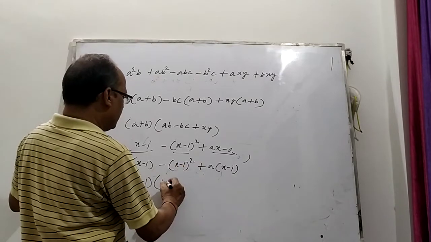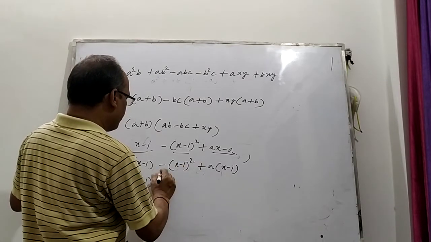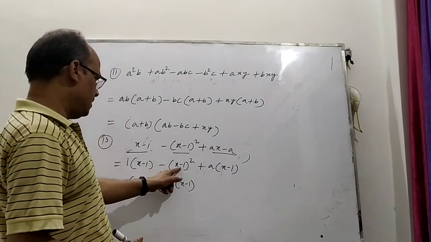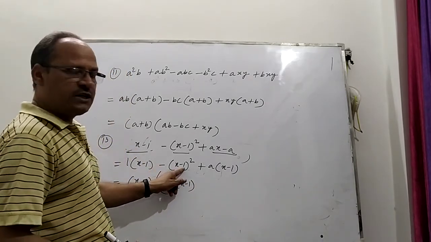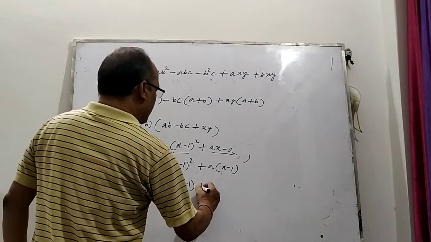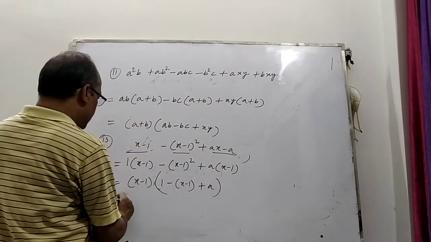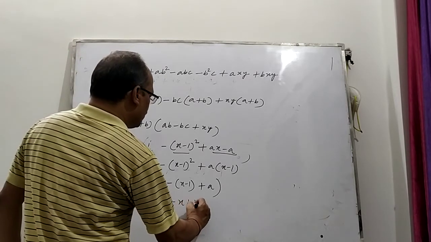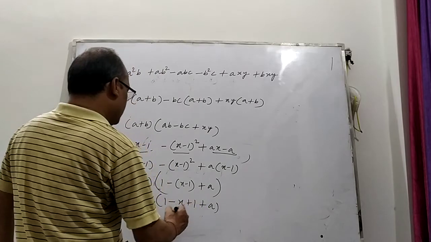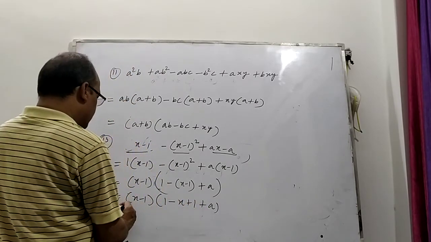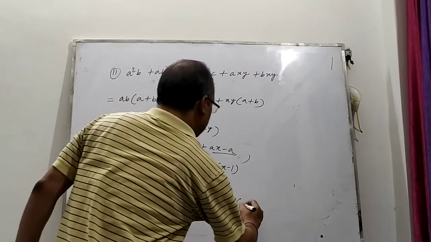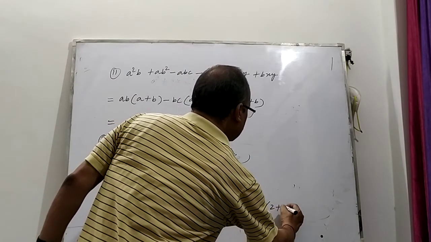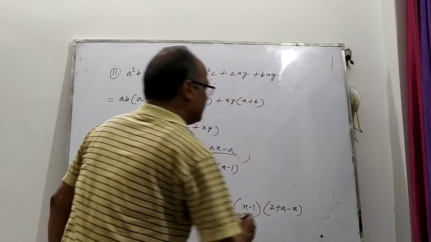Then −(x − 1), and plus a. Now (x − 1)(1 − x + 1 + a). Correct? There will be (x − 1)(2 + a − x).